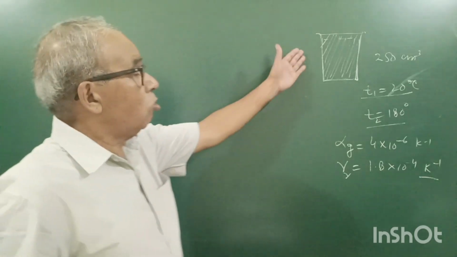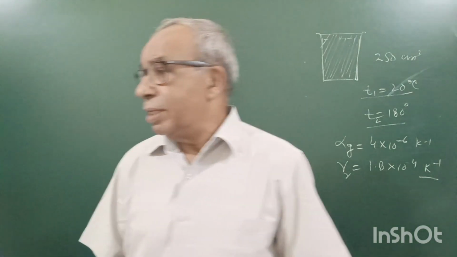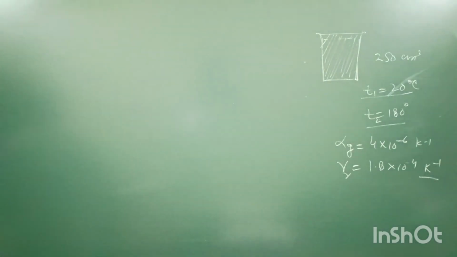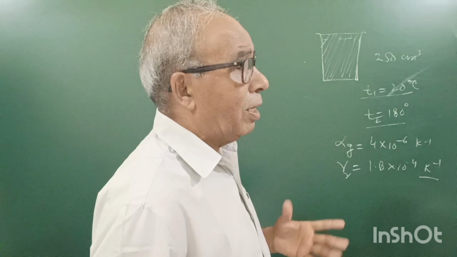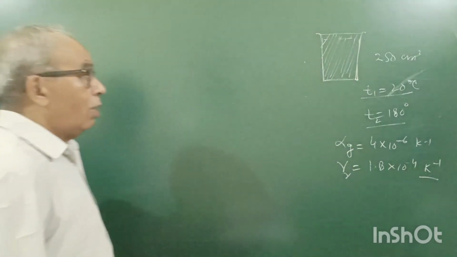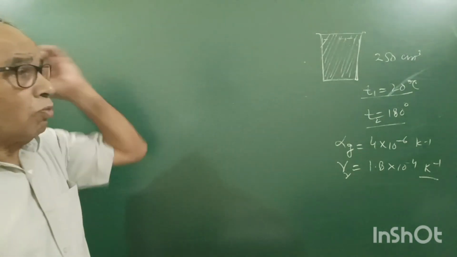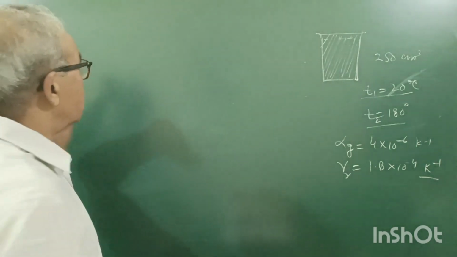So how much volume of mercury will come out? I told you that when every liquid is heated inside a container and we raise the temperature, the container also expands and the liquid also expands. So here we try to find the apparent expansion in volume.